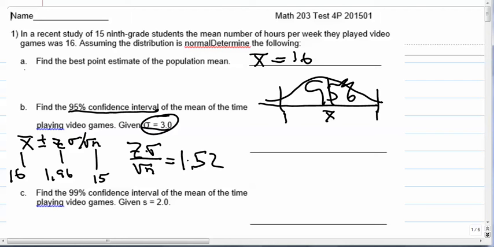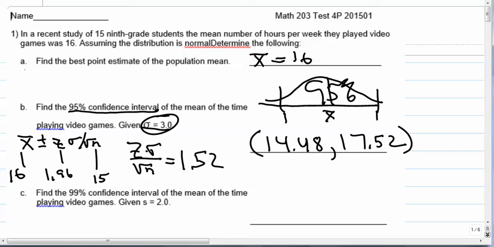So I'm going to add 1.52 to x bar. I'm going to subtract 1.52 from x bar. And you can show yourself the interval is 14.48, 17.52. This is the interval that we expect with a 95% confidence that the actual true amount of time on average students are playing is somewhere between these two numbers here.